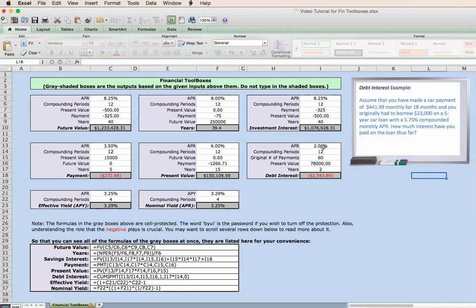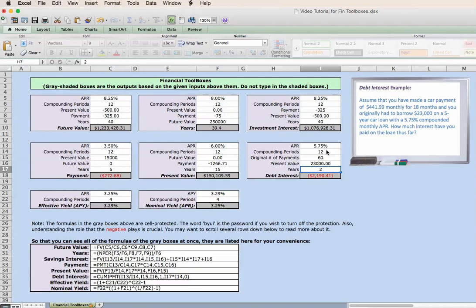A lot of detail there, so let's use our debt interest box. We know it's going to be 5.75, obviously, for the APR. And the original number of payments, well, it was a 5-year car loan, so that's 60 months, 5 times 12. The present value was said to be $23,000.